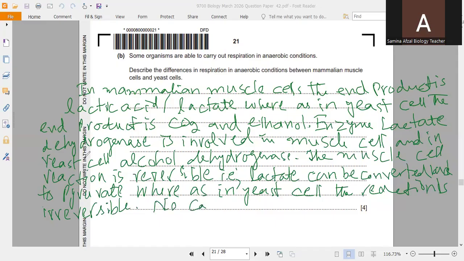No decarboxylation. Let me write it again.